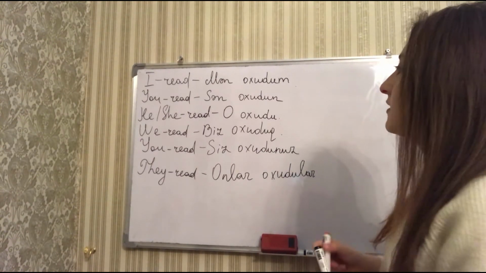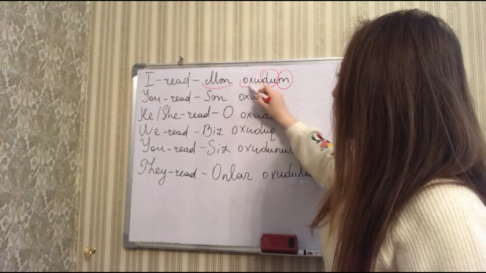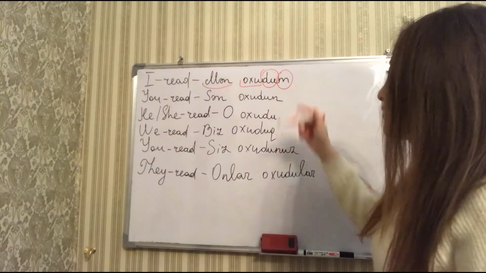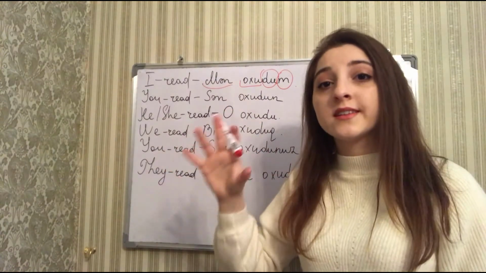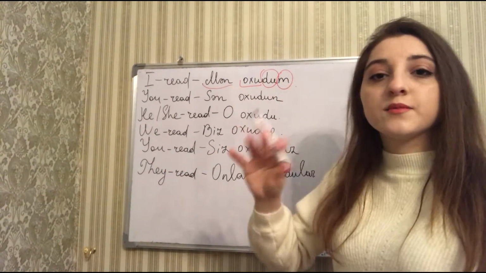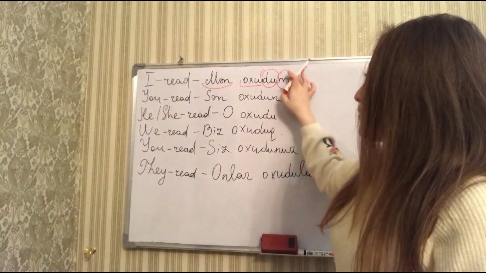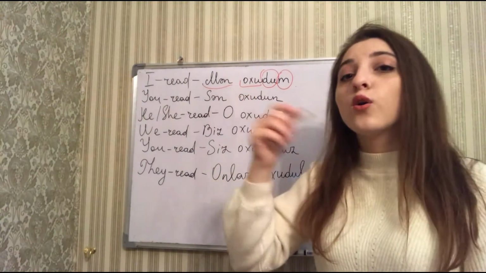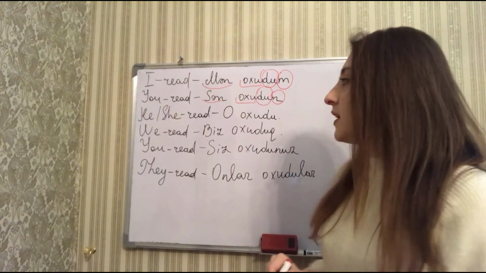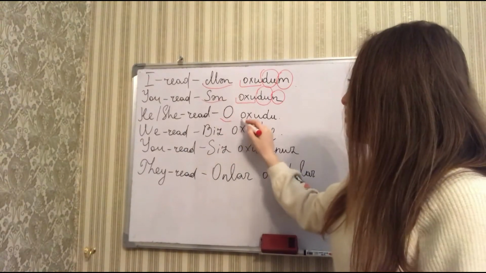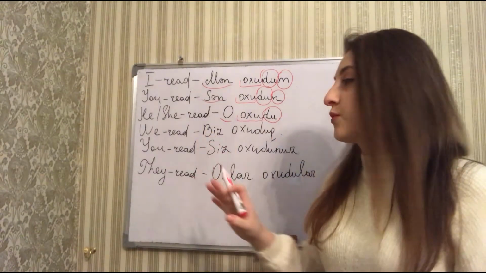Okay, let's look at it again. I read. Ben okudum. Oku is our verb, our root. Do is suffix of past simple, and am is personal suffix. We always add these personal suffixes. So it depends on which tense form it is. So you read. Sen okudun. He or she read. O okudu. We don't have personal suffix for the third person, okay?